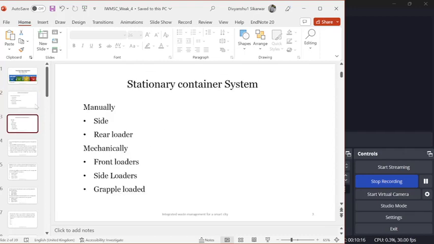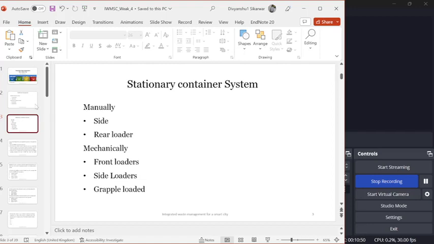Further going into stationary container systems, the emptying can be done in two ways, either manual or mechanical. In the manually loaded systems, when the collection truck comes to collect the waste from a residential area, the trucks can be of two types, manual or mechanical.